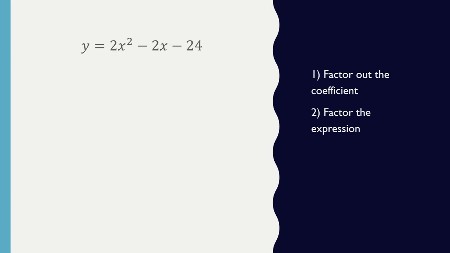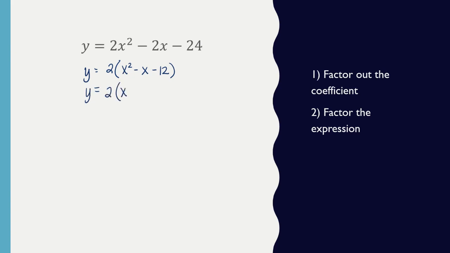Let's try one more, because here, notice there is a coefficient this time. So we're going to start by factoring that 2 out of everything, which means that we have x squared minus x minus 12. Now we're going to factor what's in the parentheses down into the 2 roots so that we can do this.